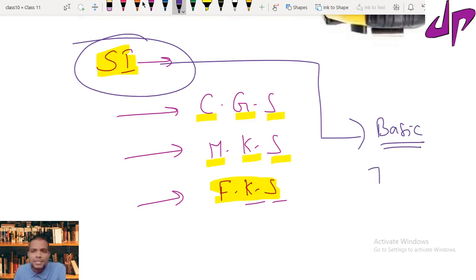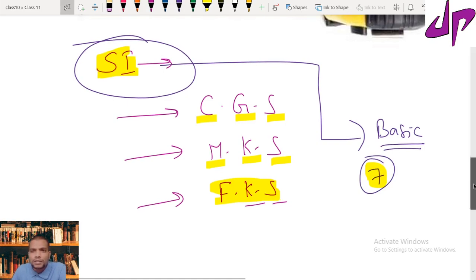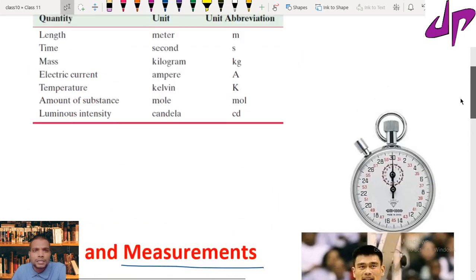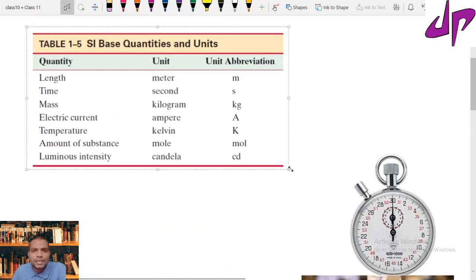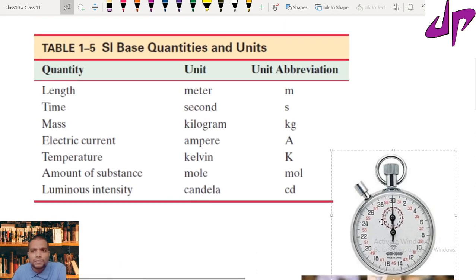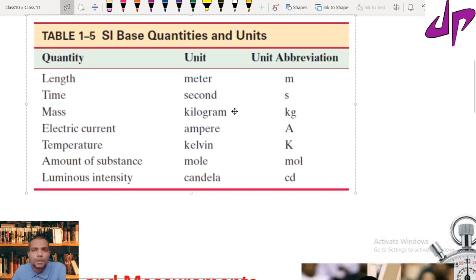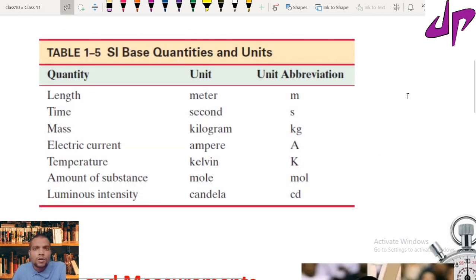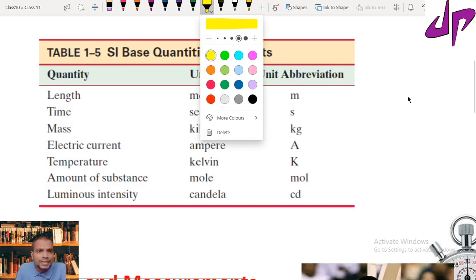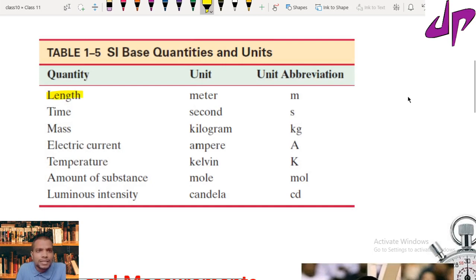There are 7 basic physical quantities. If you look at the table here, these are the 7 basic units. Among the 7, the first one is length. Length is a basic quantity, and I will define what length is.